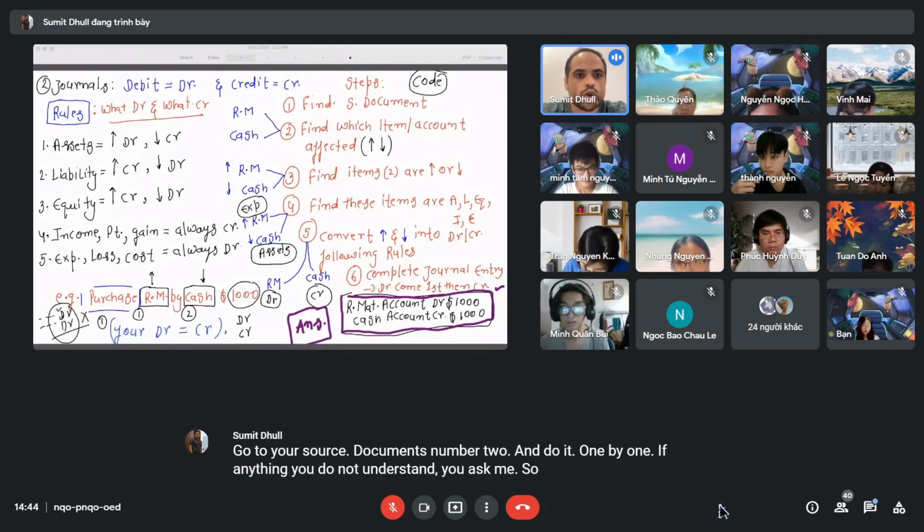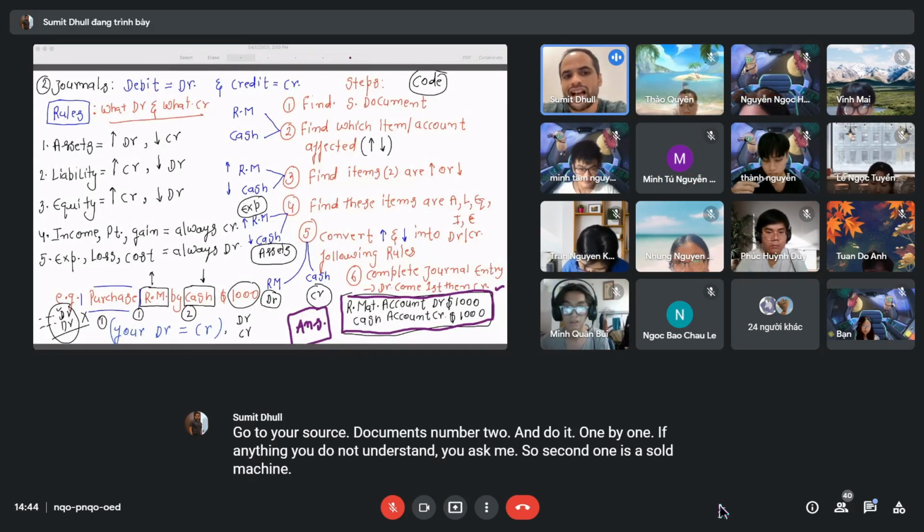So the second one is sold machine, $1,500.